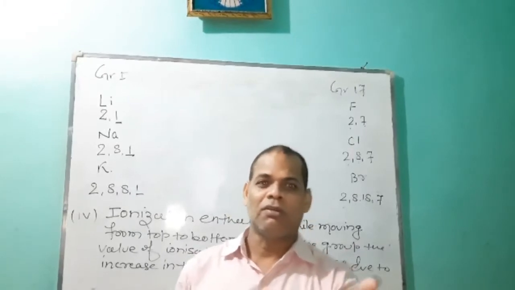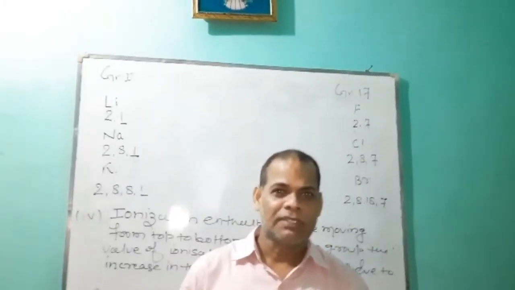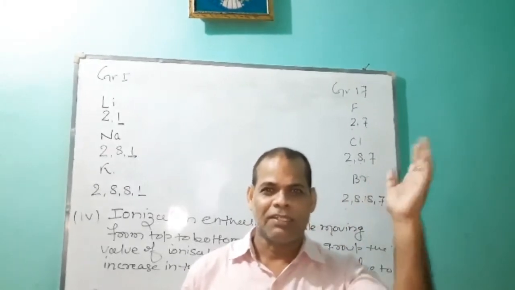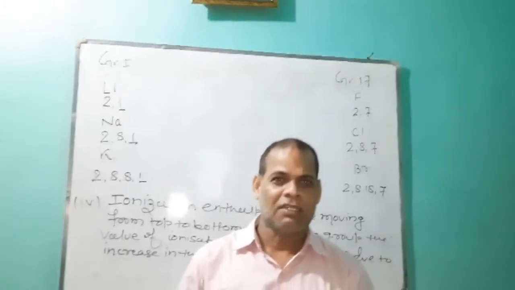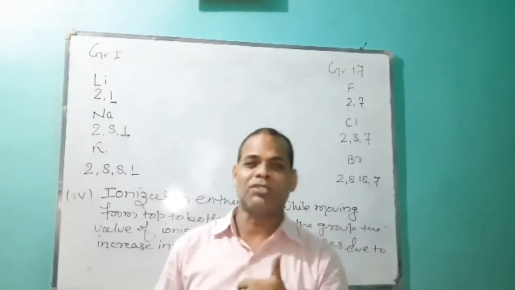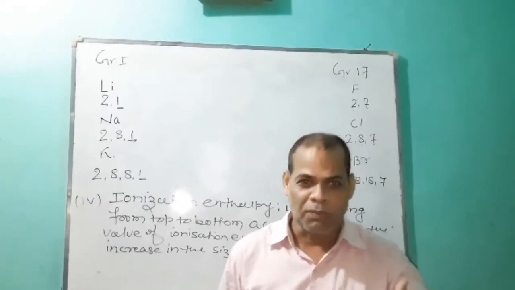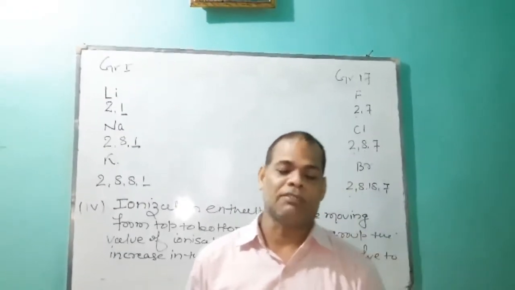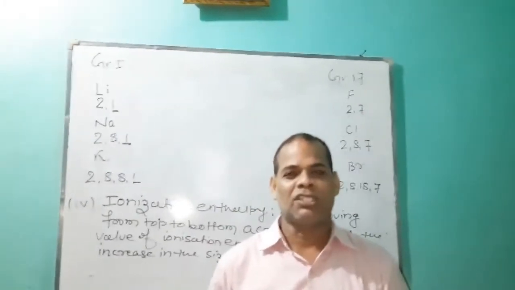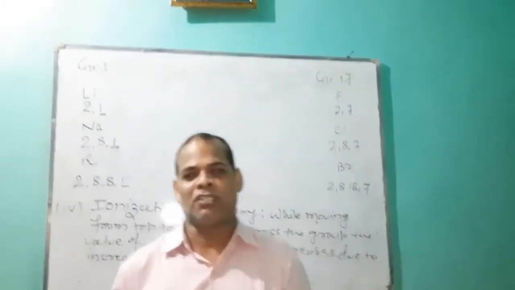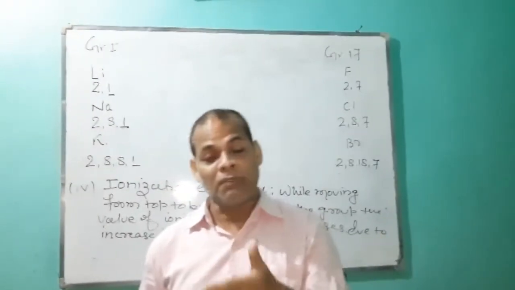But suppose your father is in Delhi, Britain, or Washington DC, and he comes, then you welcome him. You become very, very happy. So that happiness, in terms of chemistry, we call electron gain enthalpy.